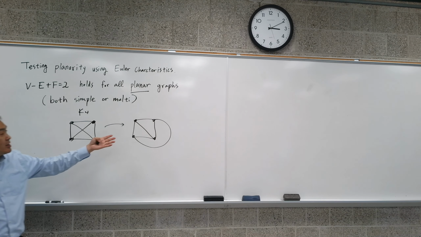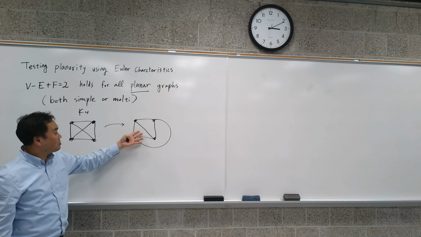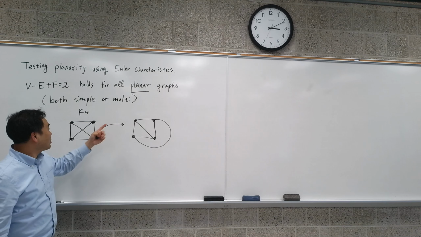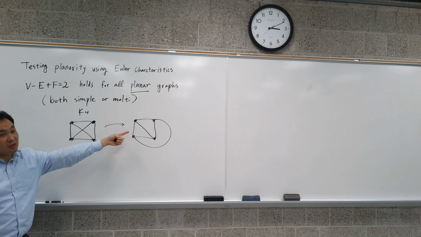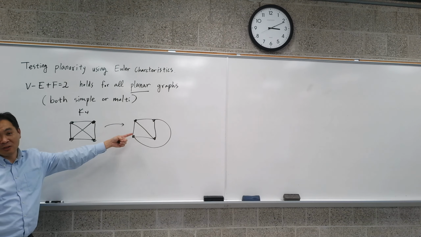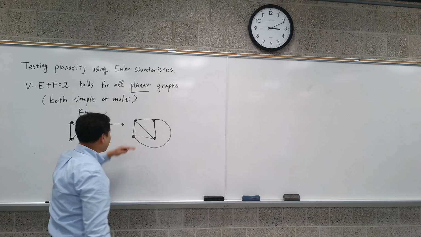And of course, if it's connected as a planar graph, then we can definitely see that this holds. But you wouldn't know if this is true or not unless you know it is planar, right? So at first it doesn't make sense that we can use this for planarity.